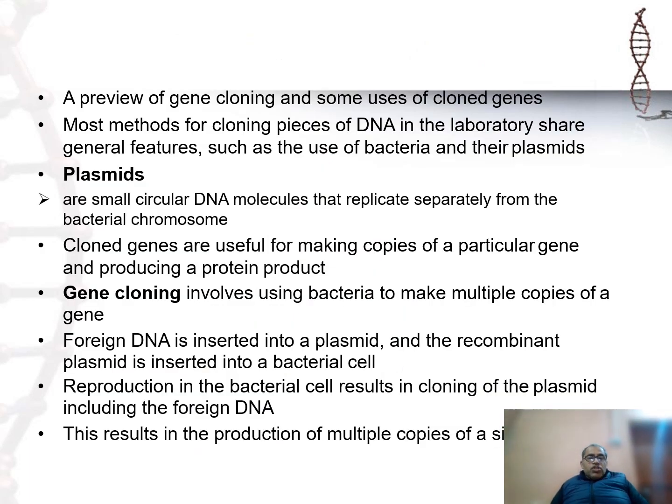So, cloning genes. Most of the methods for cloning a piece of DNA in the laboratory share general features such as bacteria and their plasmids. So, what are plasmids? Plasmids are small circular DNA molecules which can replicate independently, that is, their replication does not depend on replication of the bacterial genome.